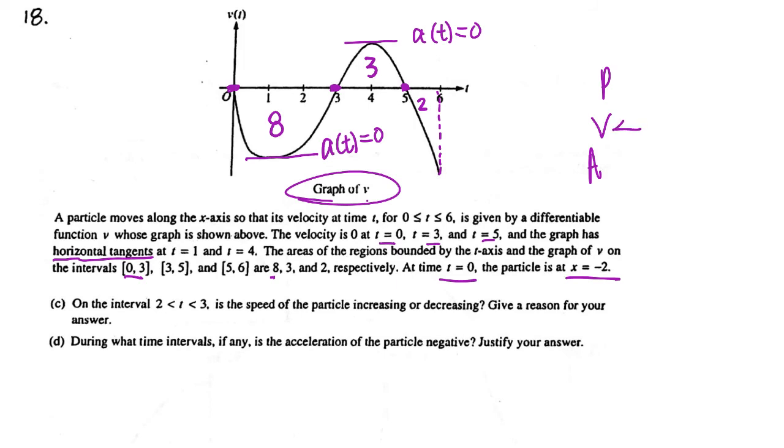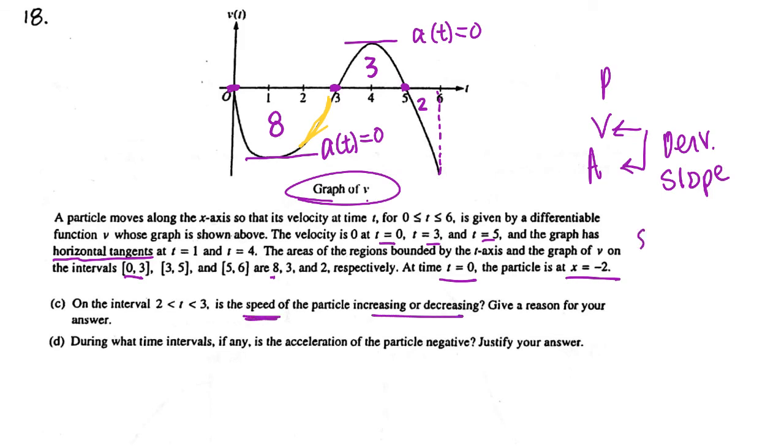We're given velocity from 2 to 3, so I'm going to highlight that region from 2 up here to 3. And we've got to go to acceleration. We're dropping down to acceleration. So again, moving down the chain, that is derivative, which is slope.